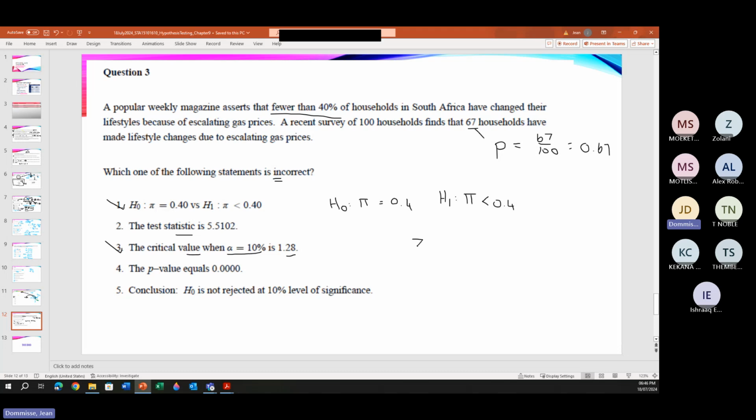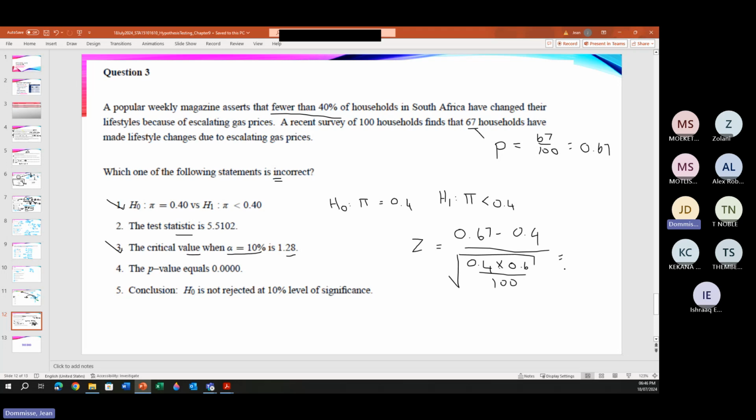So let's hope that this one is working. 0.67 minus 0.4, divided by the square root of 0.4 times, and let's rather say 0.6, divided by 100. Okay, so let's see if this time I work it out correctly.